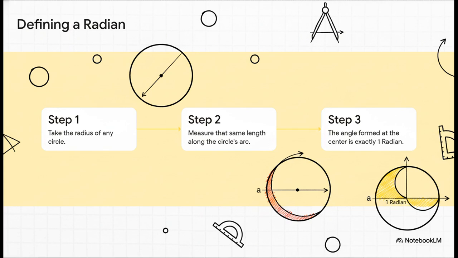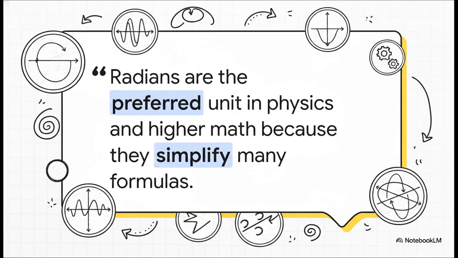The angle that this curved piece makes from the center, that is exactly 1 radian. It's this beautiful, perfect link between the radius and the angle. And it's because of this natural connection that radians are the absolute go-to in fields like physics and calculus. They just make the formulas cleaner, simpler, and more elegant. You could say they're the native language of circles.